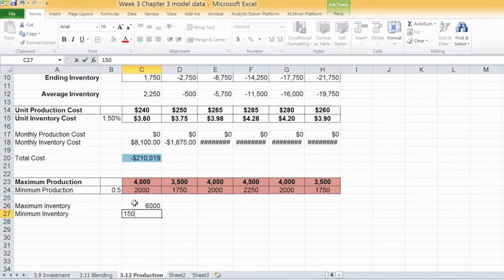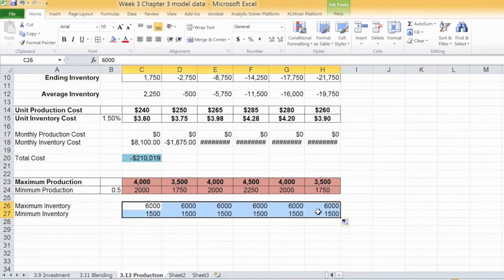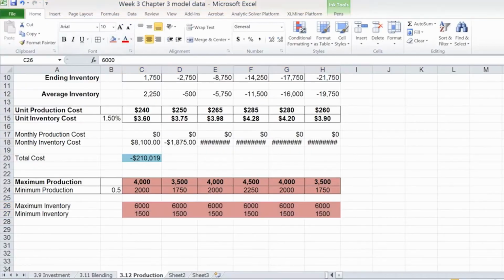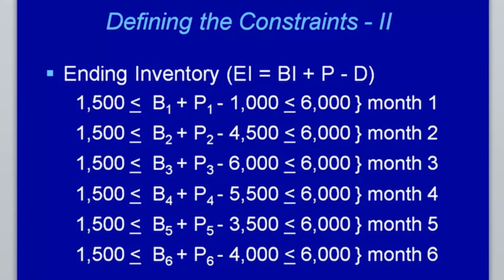Minimum is 1500. Just copy it across. Okay, and these will be my right-hand side too. Okay, with that, we took care of all the constraints.